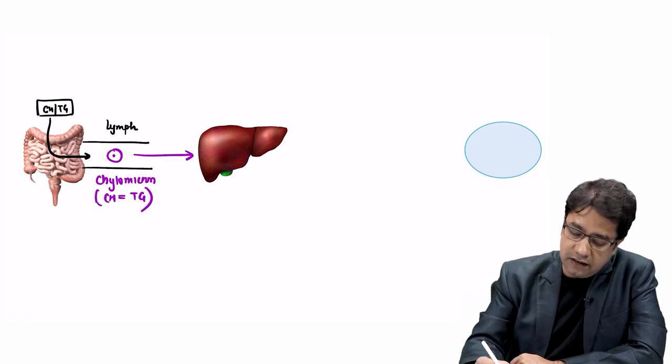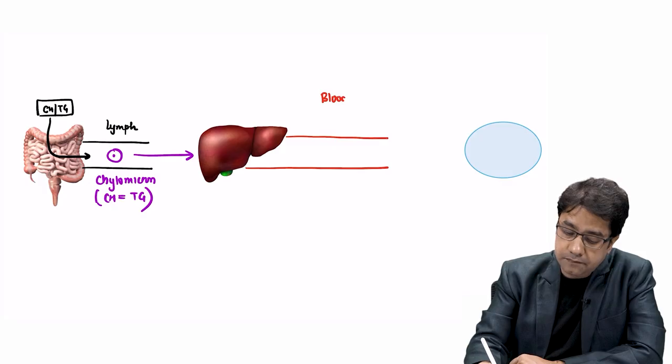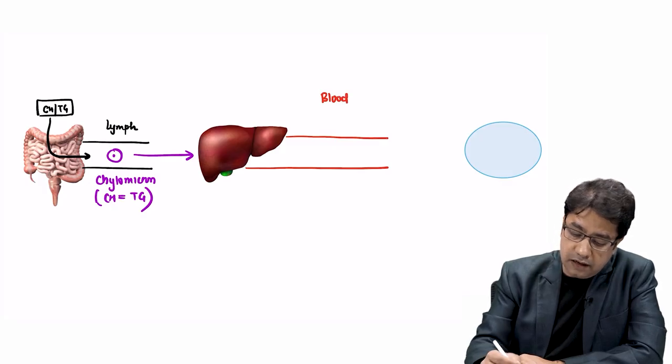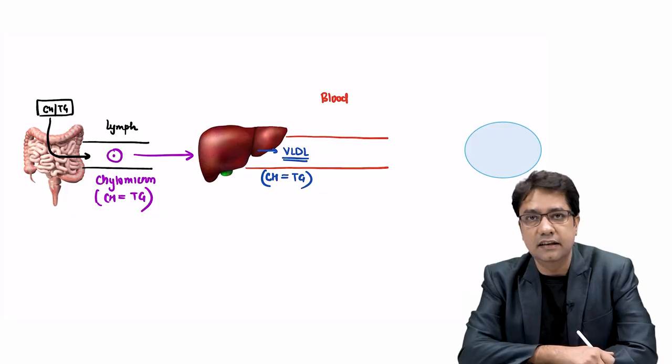Now from the liver, we know blood arises, and blood is the main transport medium of our body. So into the blood, the liver secretes VLDL, and VLDL transports both cholesterol as well as triglycerides.